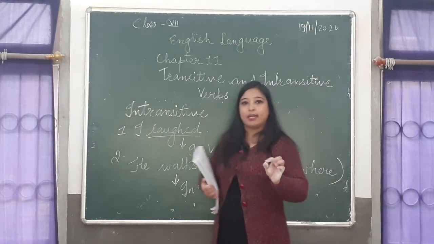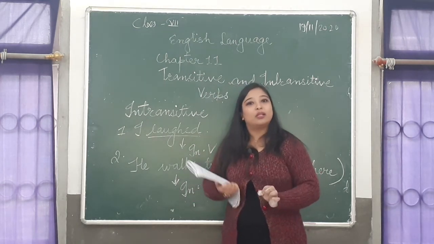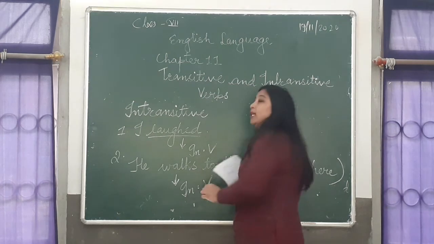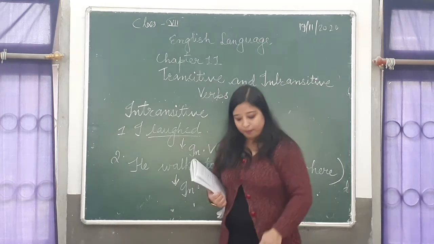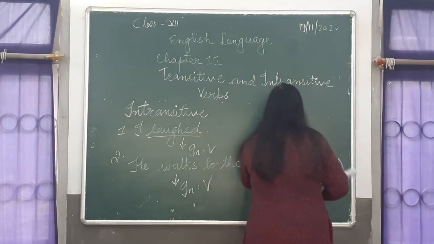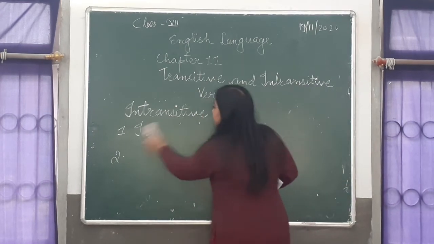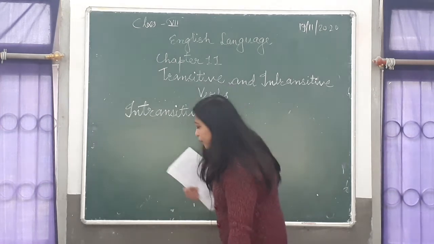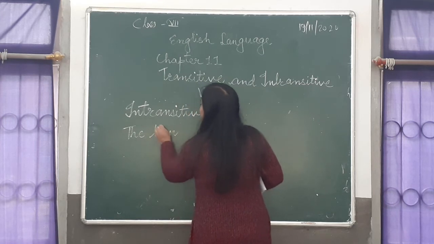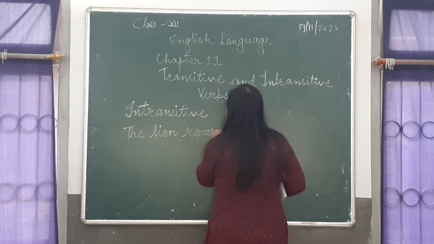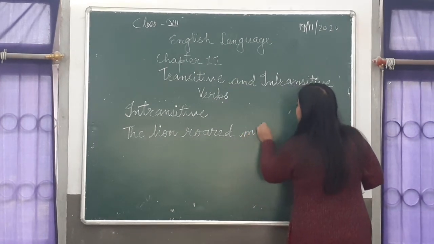Okay, a few sentences are very, very tricky. So you'll have to identify. In order to identify those intransitive verbs in a sentence, you'll have to ask the question where, when, and how. Okay. Now see the next one. This one is also very, very tricky. The lion roared in the circus.